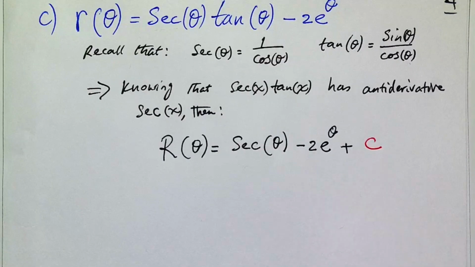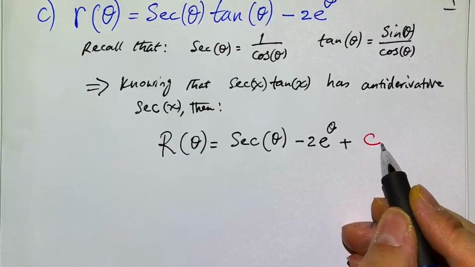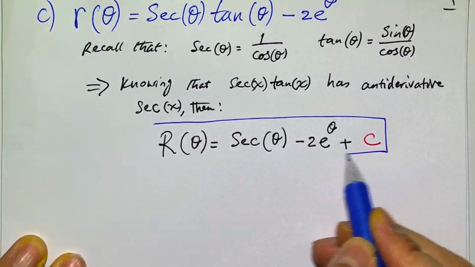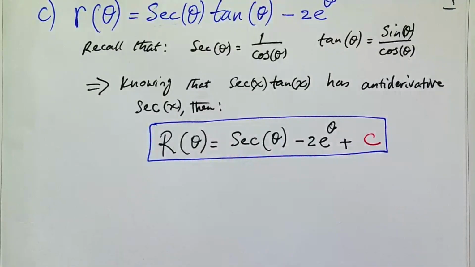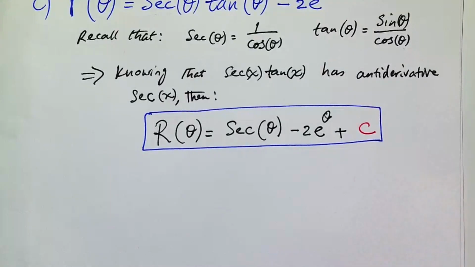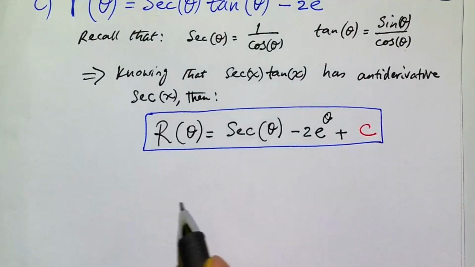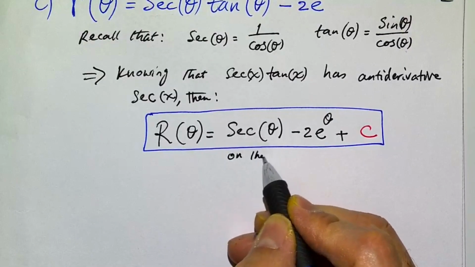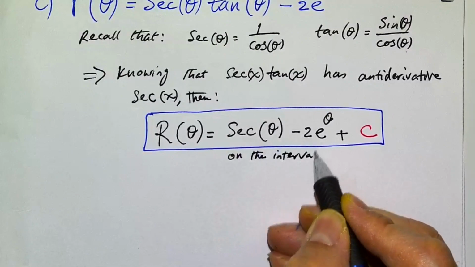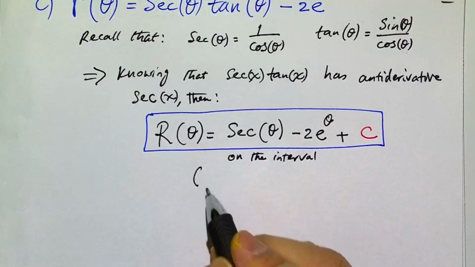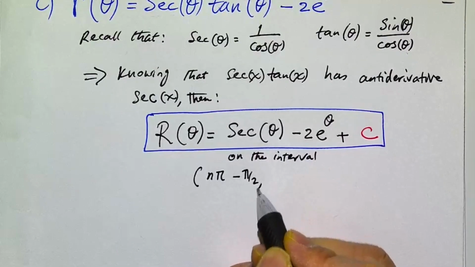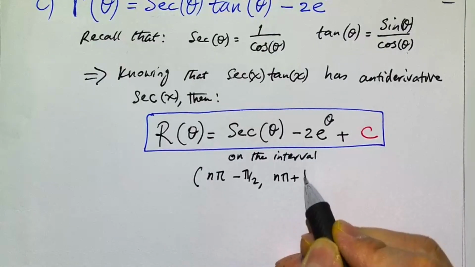Okay? So now, this whole thing, on the interval, this is the antiderivative on the interval that excludes n pi minus pi over 2 and n pi plus pi over 2.